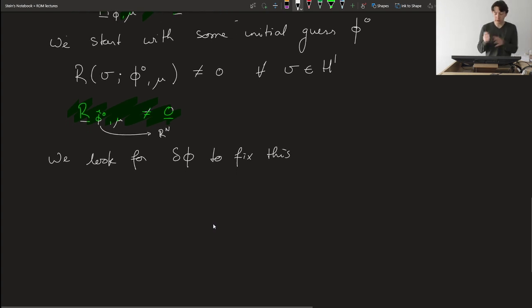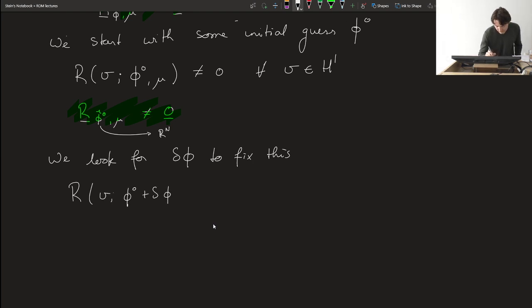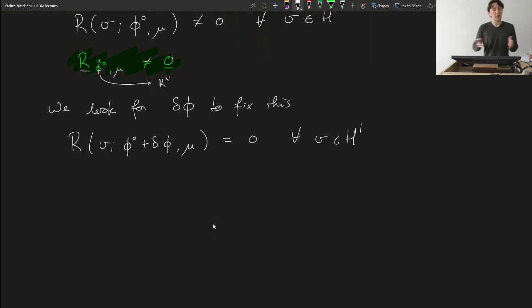So really the exact phi that we're looking for would be R of phi naught plus some delta phi at our material point, such that this is now equal to 0 for all test functions v, right? That would be the true delta phi. Now clearly, that's not something we can immediately solve for, because it's nonlinear with respect to that phi argument. That was the whole problem.